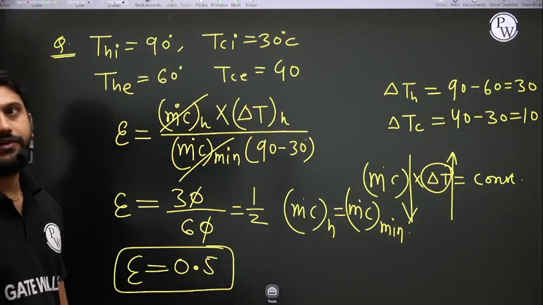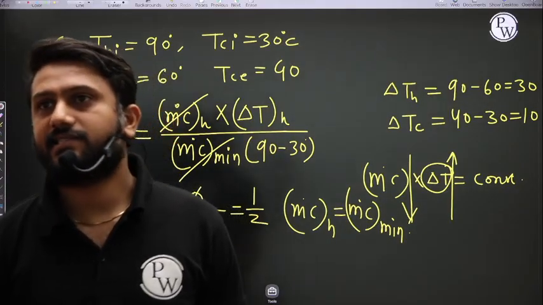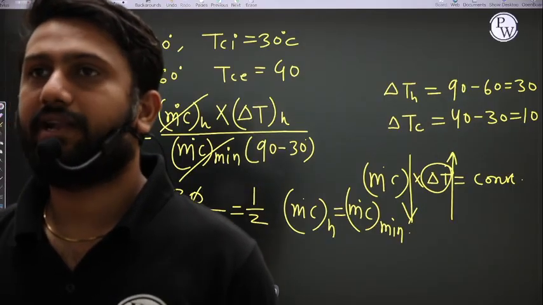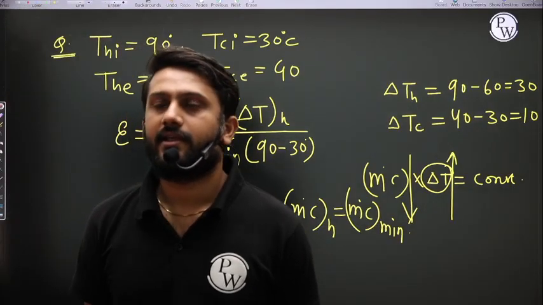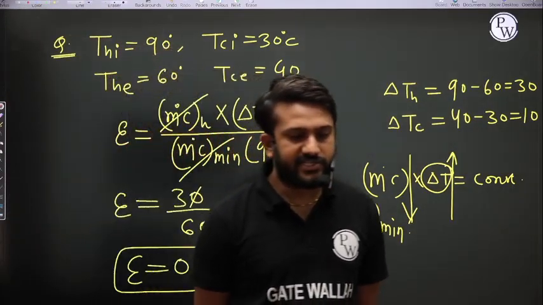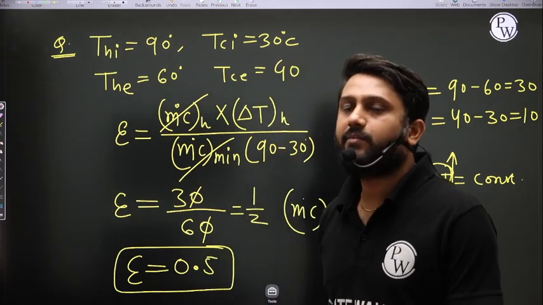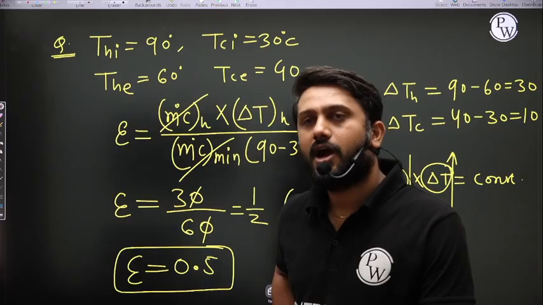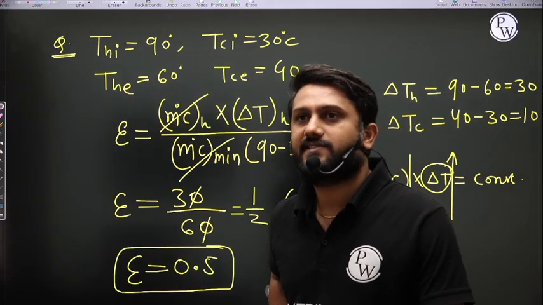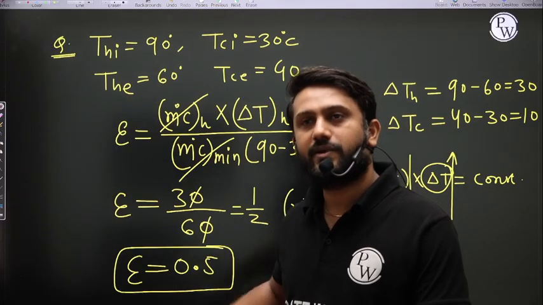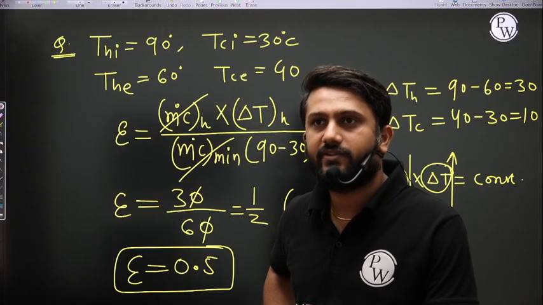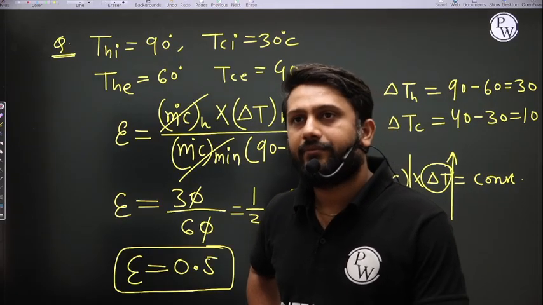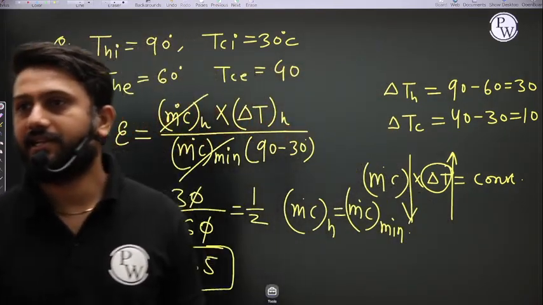I hope you can understand this logic, right? If temperatures are given and heat capacity rates are not given, then how do you find the effectiveness? By using this logic, you can find the effectiveness. Okay, I hope it is clear.